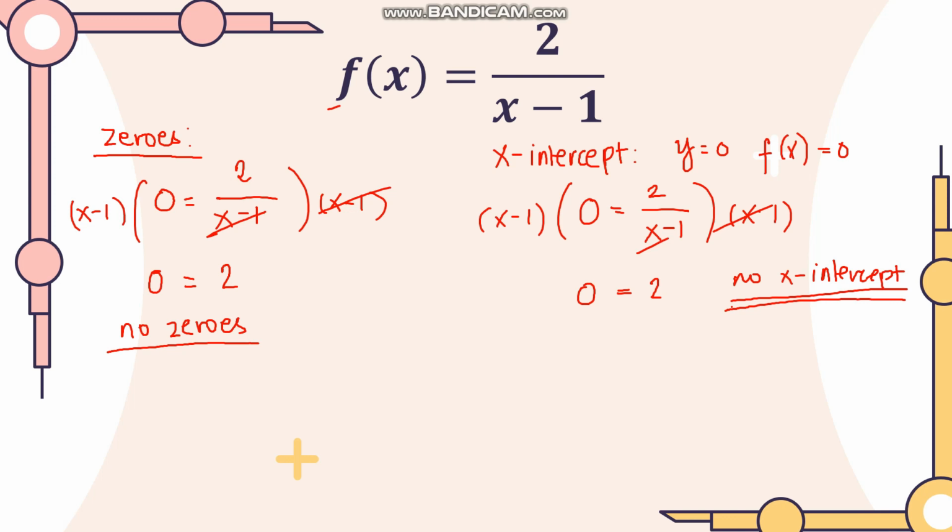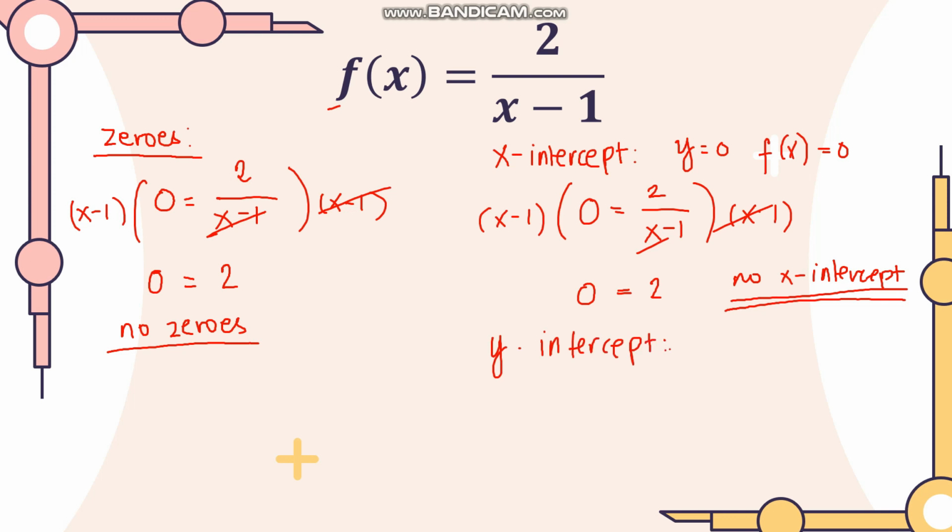Now, if you look closely at the steps in getting the zeros and the x-intercept, they are just the same. We set f of x equal to 0 or y equal to 0. So that means the zeros and the x-intercept are just the same. Whatever values we get for the zeros will also be our x-intercepts.